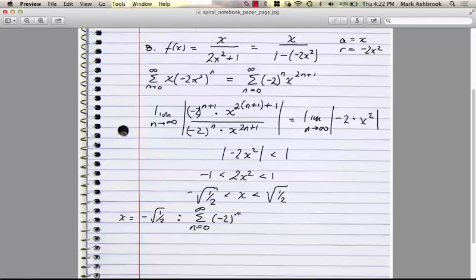Negative 2 to the n times negative square root of 1/2 to the 2n plus 1.